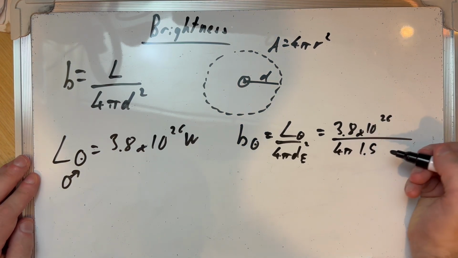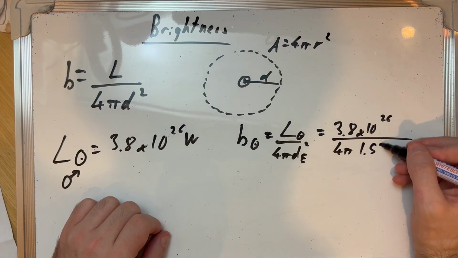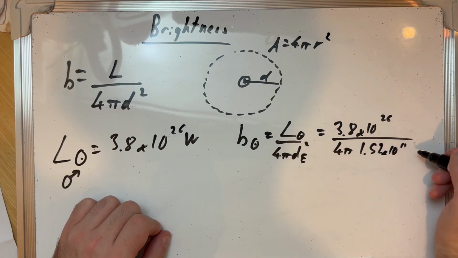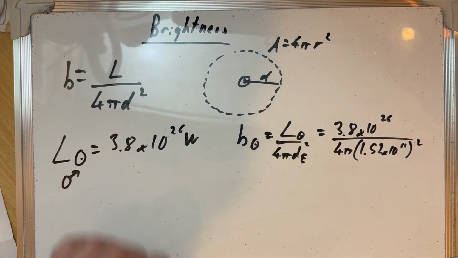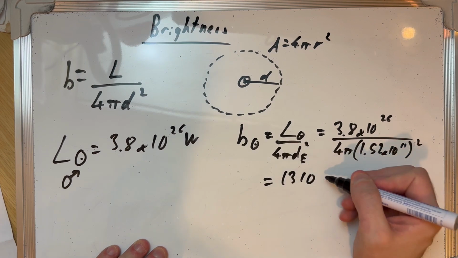So that's about 152 million kilometers. So we'll call it 1.52 times 10 to the 11 meters, squared. So we're going to use SI units. We could have done it in per square AU, but that's a weird unit. So if you work that out, it comes out to that.